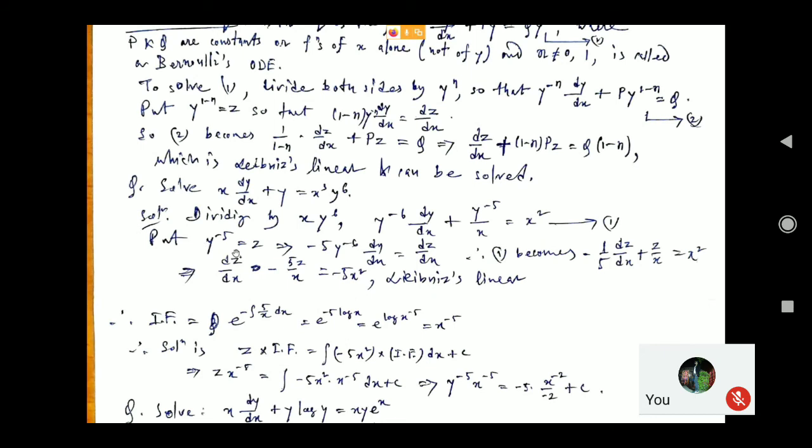After that we have put y to the power minus 5 equal to another variable z. So we have differentiated both sides of this with respect to x, and we arrive at this expression. Now we have used the value of dy/dx in this equation, so it reduces to this form.